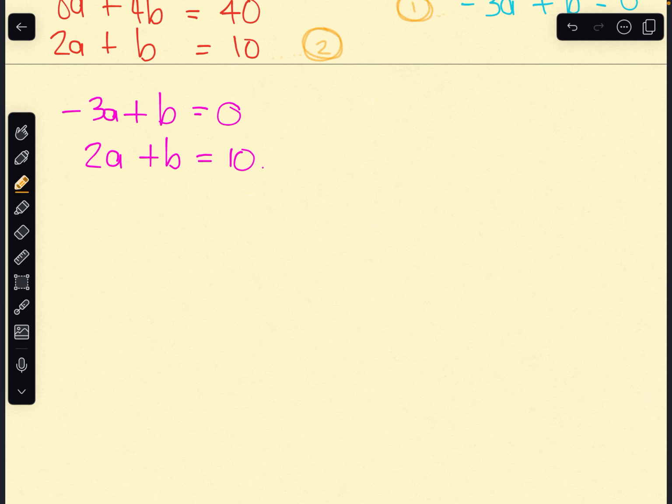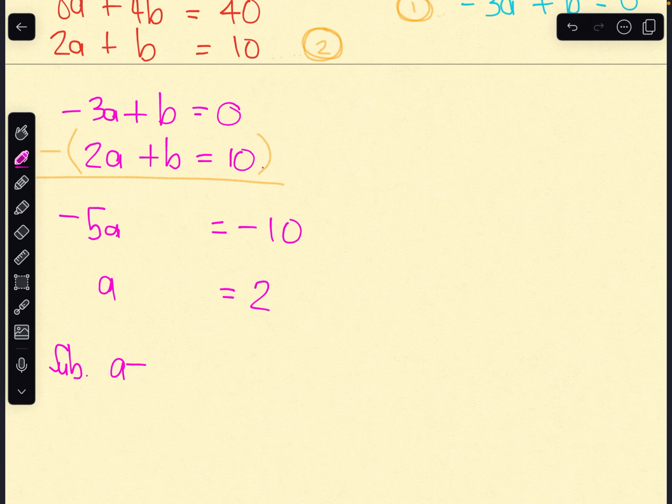Anyway, so now my elimination will require me to minus this equation from the other one. So I've got minus 3a minus 2a, so that's minus 5a. b minus b is 0, and then 0 minus 10 is minus 10. So a is equal to 2, and then I can sub that into either equation. I'll put it into the second one. So 2 times 2 plus b is equal to 10.